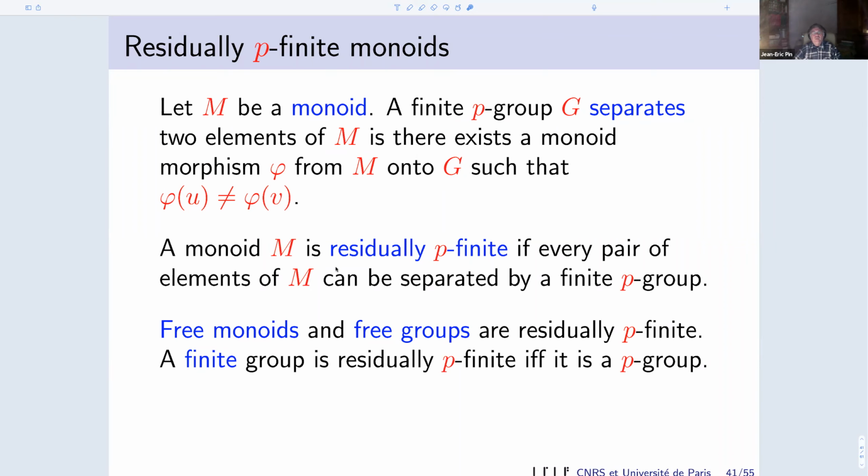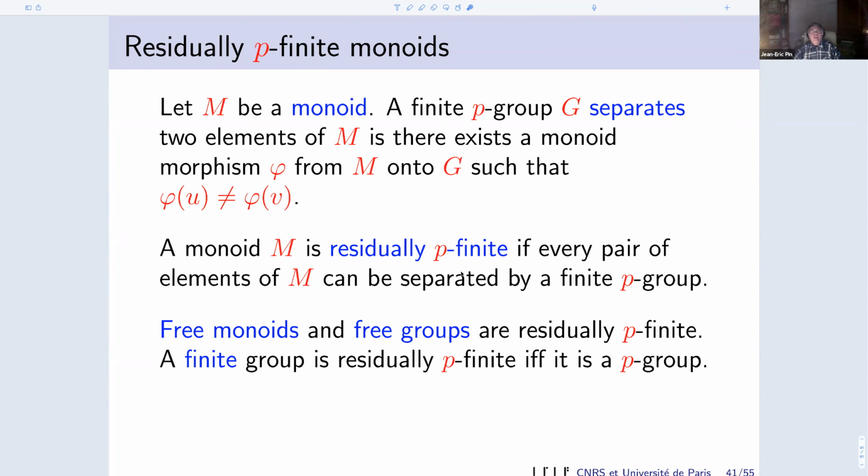And a monoid is residually p-finite if every pair of distinct elements of M can be separated by a finite p-group. It's a well-known fact that free monoids and free groups are residually p-finite. If you look at finite groups, the residually p-finite ones are just the p-groups. So now you have the definition in hand.